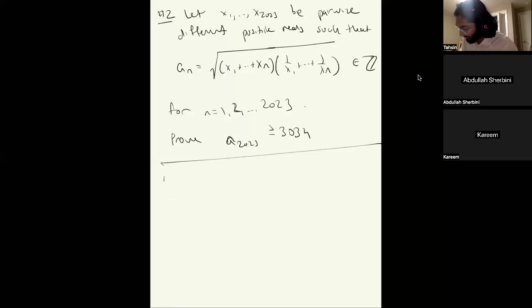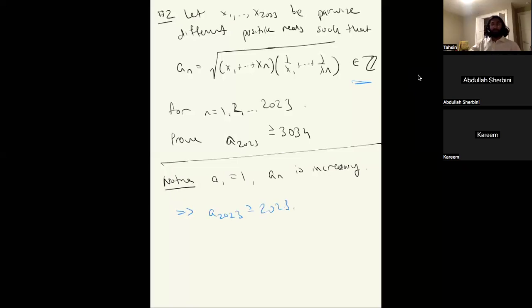So first, let's notice a_1 equals 1 and a_n is increasing. Moreover, the fact that they're all integers at least gives you that a_2023 is at least 2023. But we need better, so what can we do?